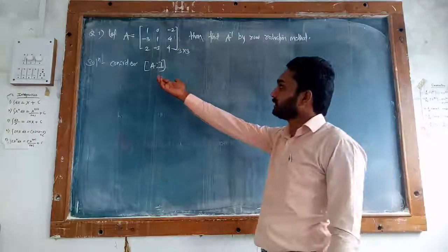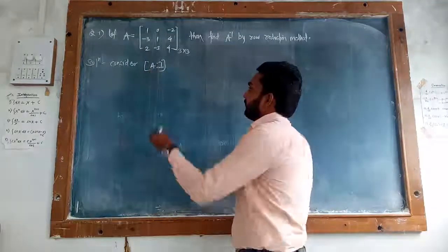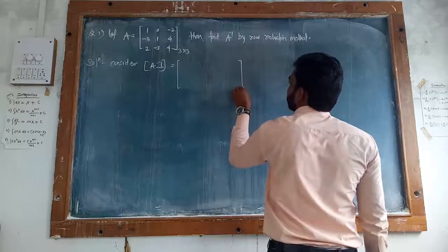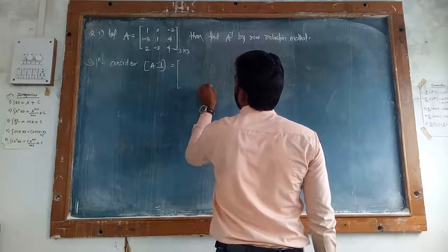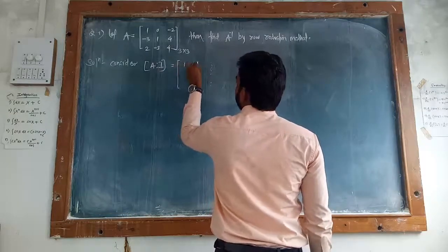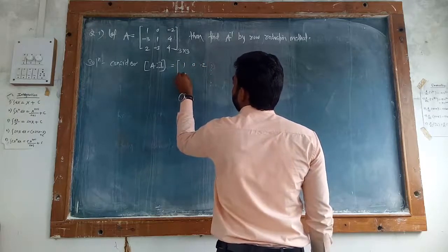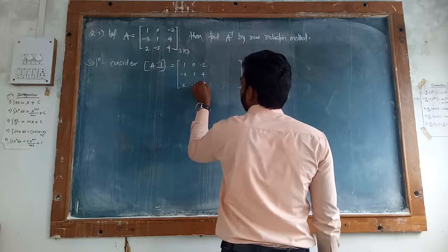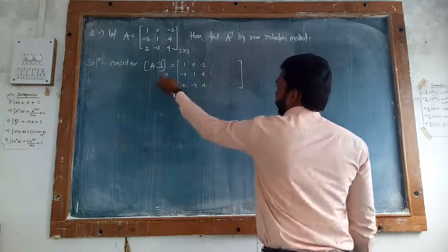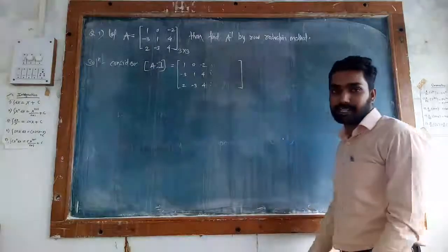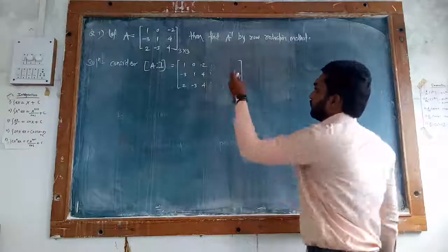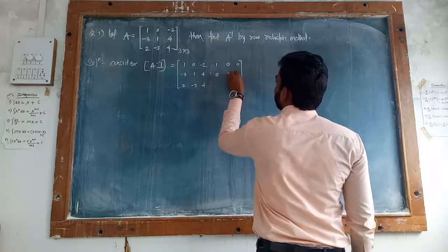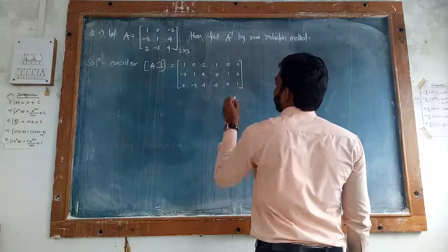So your augmented matrix [A | I] becomes: A is your given matrix, that is 1 0 minus 2, minus 3 1 4, 2 minus 3 4, and I is the identity matrix of order 3 cross 3, that is 1 0 0, 0 1 0 and 0 0 1.